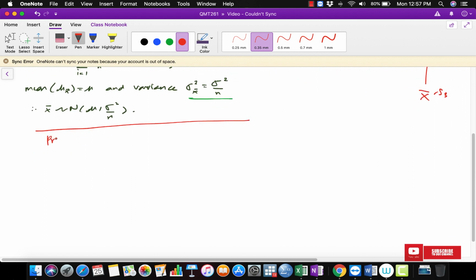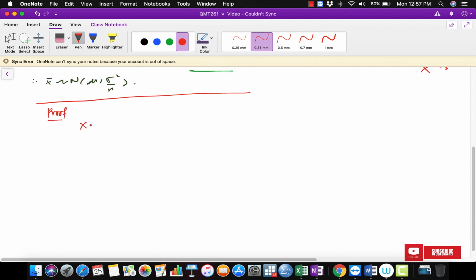We know that X is a normal distribution with mean equal to mu and variance equal to sigma squared. So the expected value of X is equal to mu and the variance of X is equal to sigma squared. Now we want to find X bar.